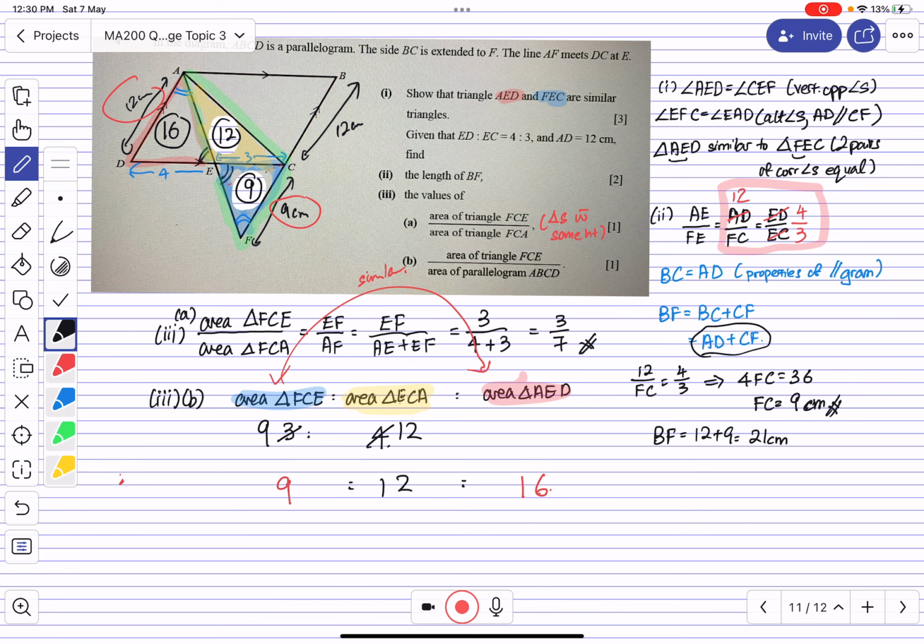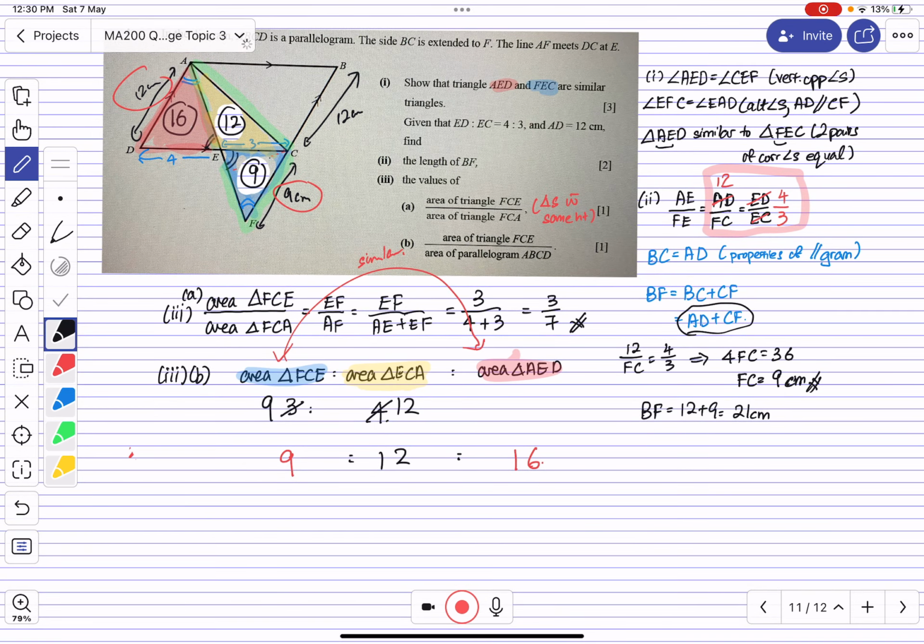Why am I so interested in finding all of them separately? Because when you combine the red and the yellow, you will see that they give you half the parallelogram. If you look at the red and the yellow all together, it adds up to 28 units. 28 times 2 means that the parallelogram ABCD represents 56 units.